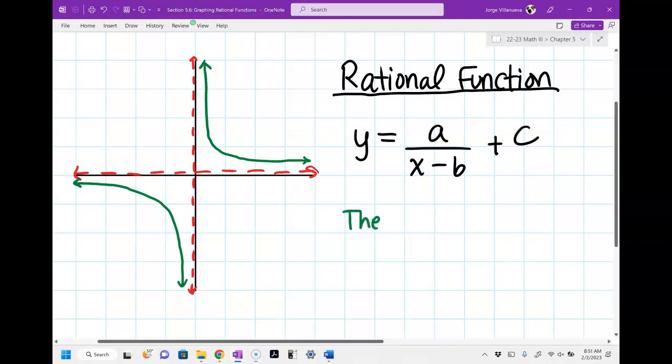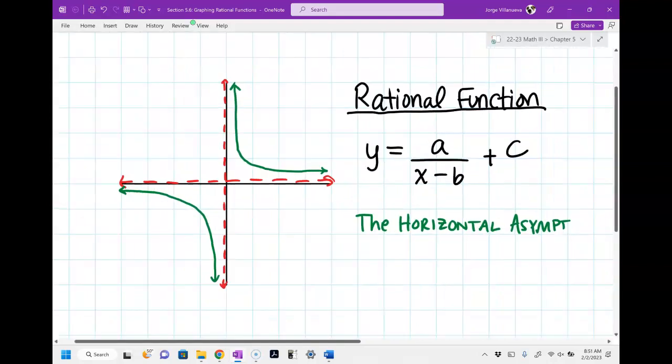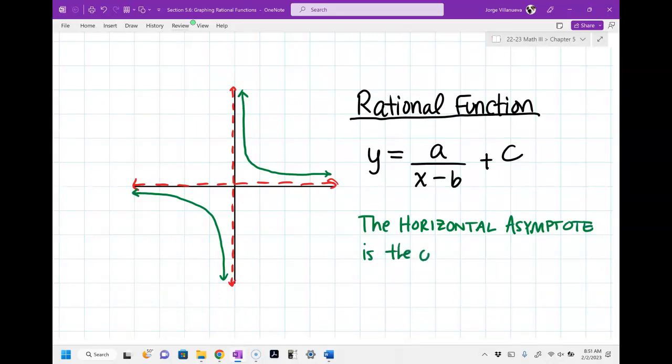First of all, the horizontal asymptote is the opposite of B. So if it said x minus 2 on the bottom, your horizontal asymptote is 2.